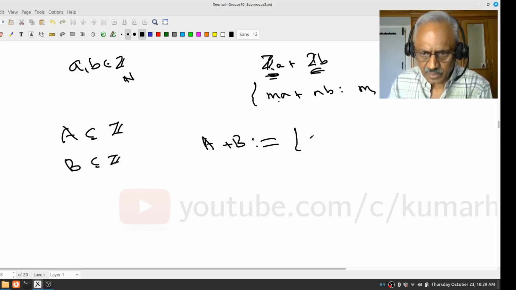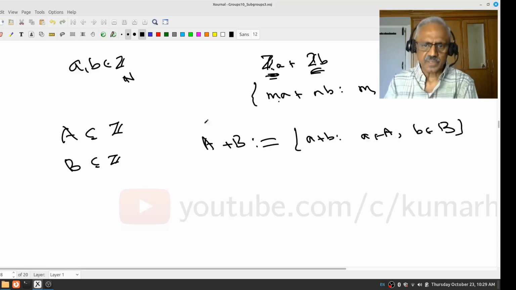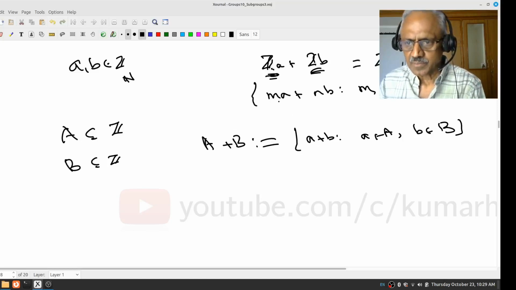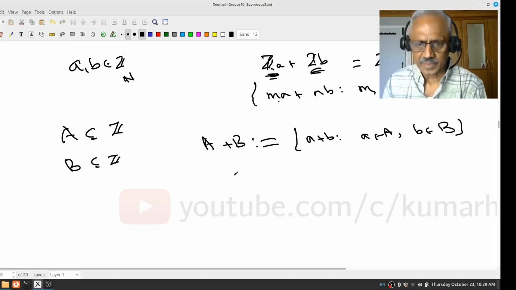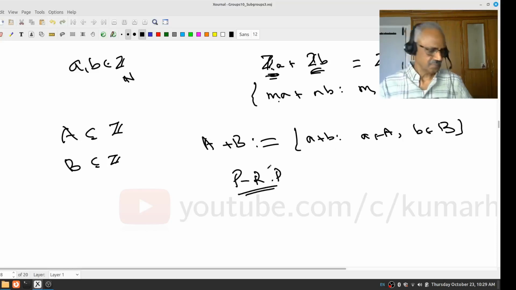It stands for small a plus small b, where a is an arbitrary element of A and b an arbitrary element of B. Take some element here, some element here, add them, and keep on doing that. That's what it means. And this we saw is a subgroup of Z, generated by the LCM of A and B. Okay, pause, review, proceed.